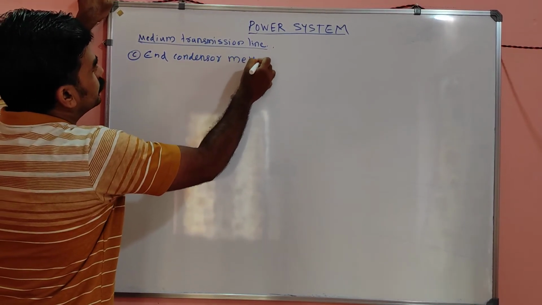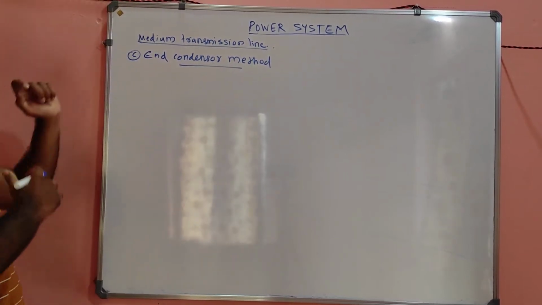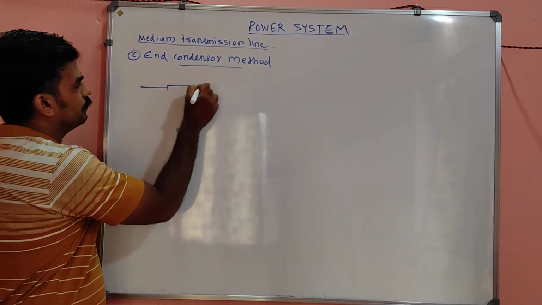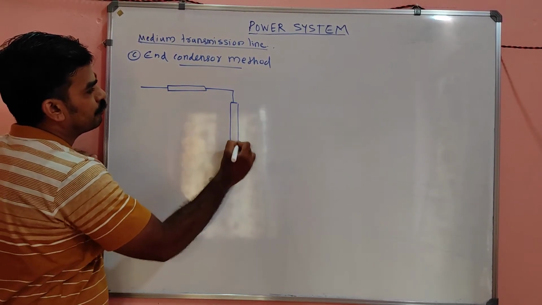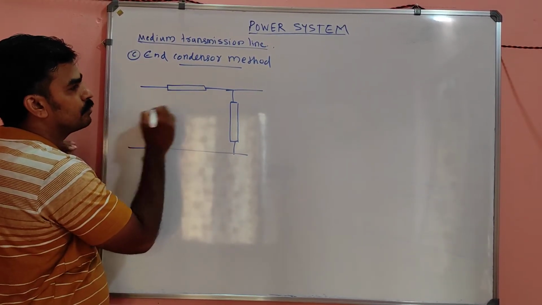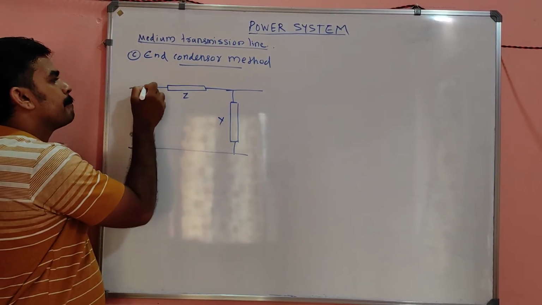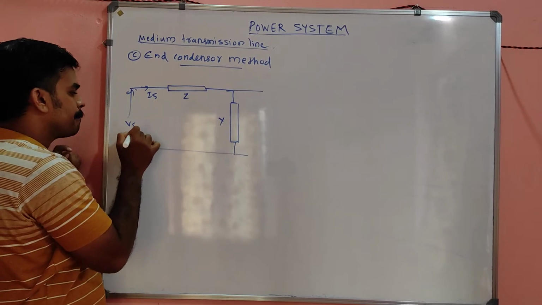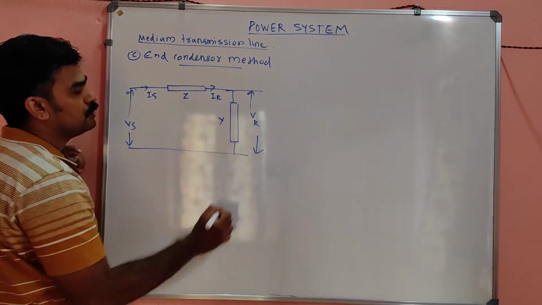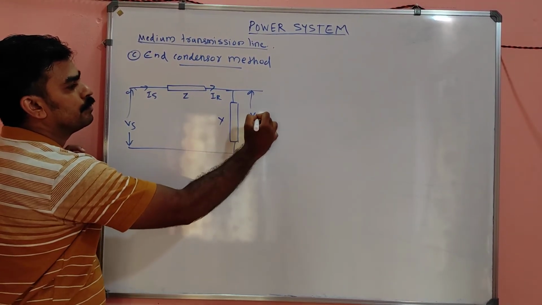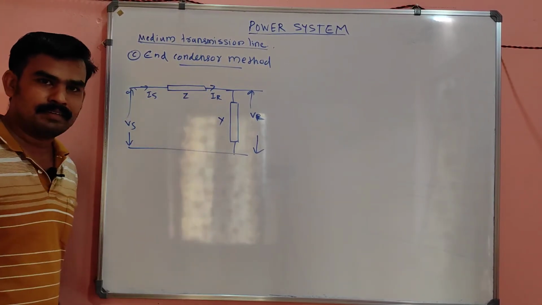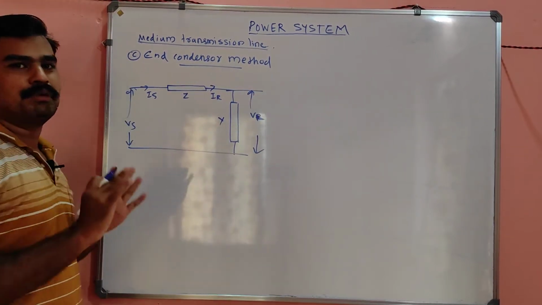End condenser method. That means the whole transmission line can be considered as simplified by this, simply Z and Y. End condenser means in the end it is simply considered like this.